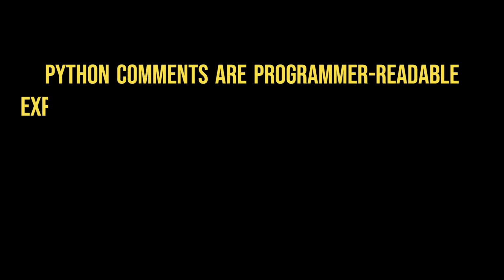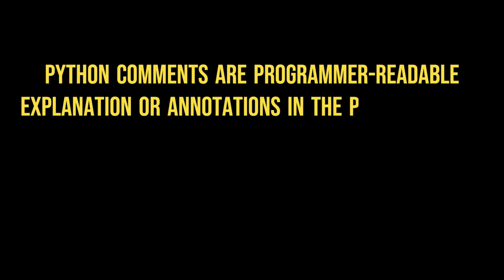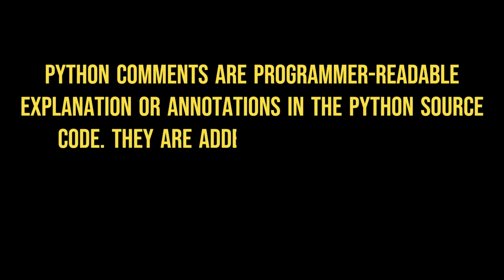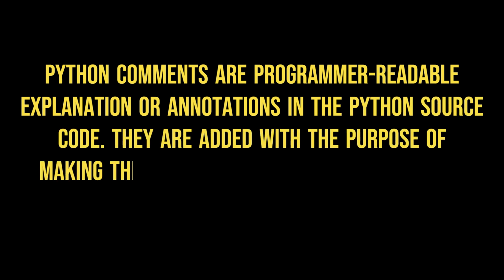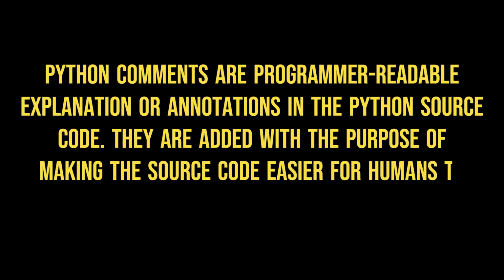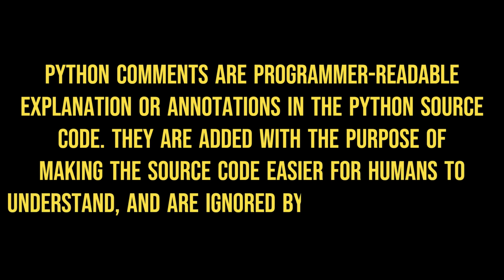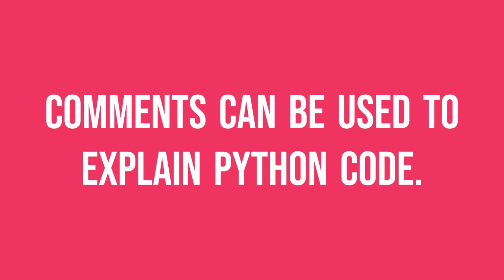Comments in Python. Python comments are programmer-readable explanations or annotations in the Python source code. They are added with the purpose of making the source code easier for humans to understand, and are ignored by the Python interpreter. Comments can be used to explain Python code.